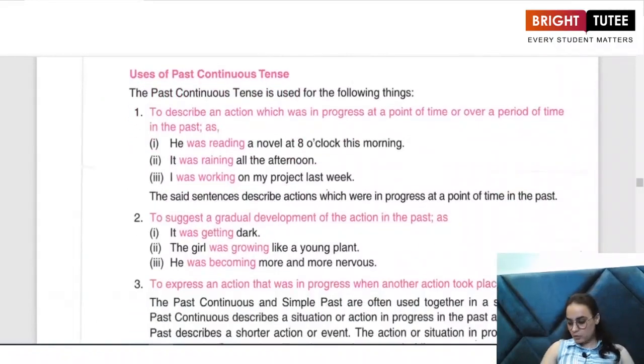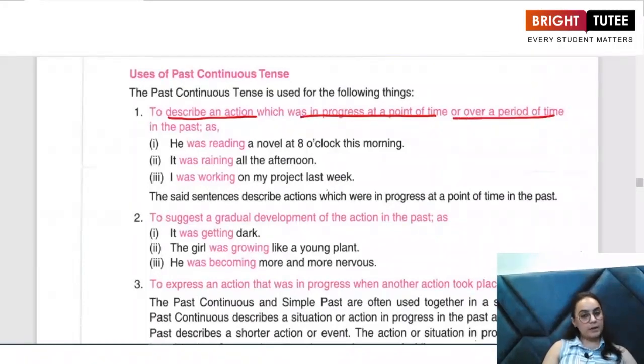The first use of the past continuous tense is to describe an action which was in progress at a point of time or over a period of time in the past. An action which was in progress, which took place at a stretch, but when? In the past.